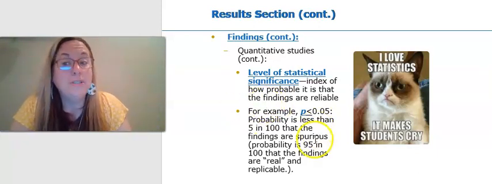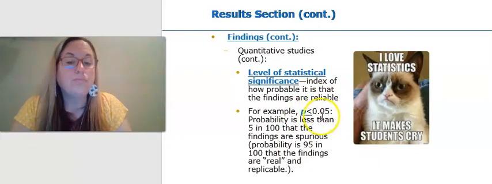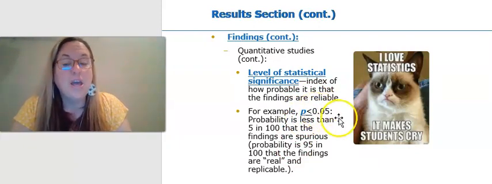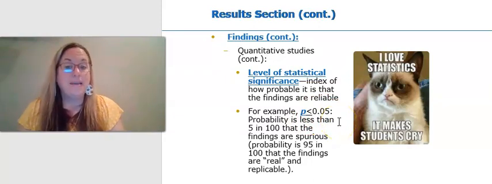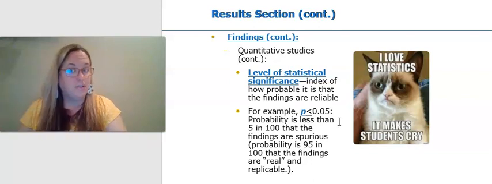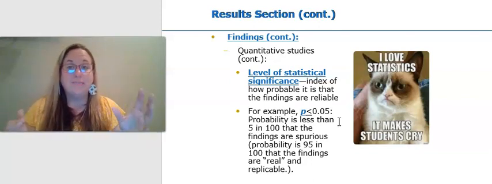So how you interpret this, if my p-value, my level of statistical significance for a statistical analysis I run is 0.05, you think of that as 5 out of 100. So that means that if I were to repeat this study 100 times, 95 times I would get statistically significant results, just like I got. 5 times out of 100, I would get something else.